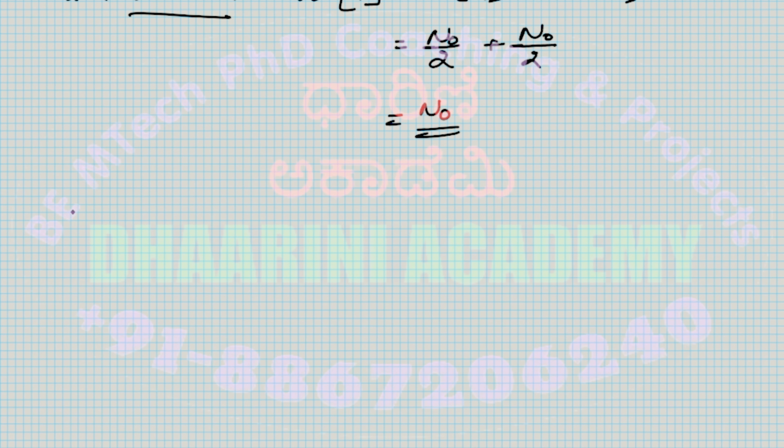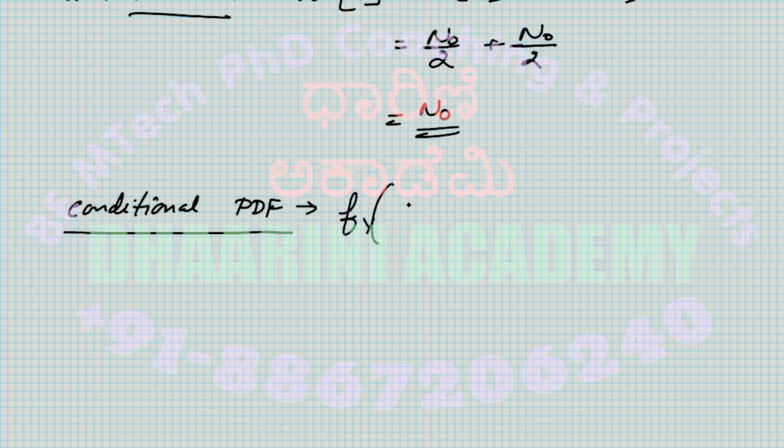Now we know what we are calculating. So the conditional PDF, I directly give the equation itself. This is Fy of y given that 0 was sent.